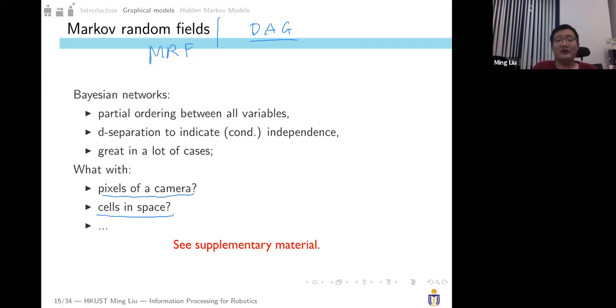All these cannot be easily described by a DAG. The reason is the local neighborhood just defines the properties of a pixel or the properties of a cell. I will provide you some supplementary material, which is easier for you to follow in this direction. And firstly, we introduce the general properties of MRF.